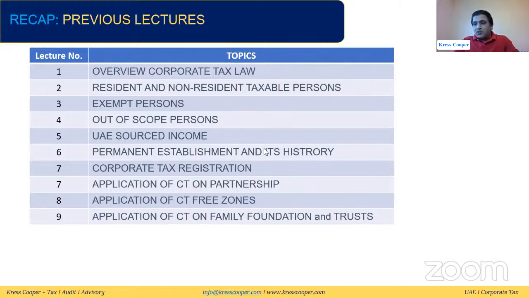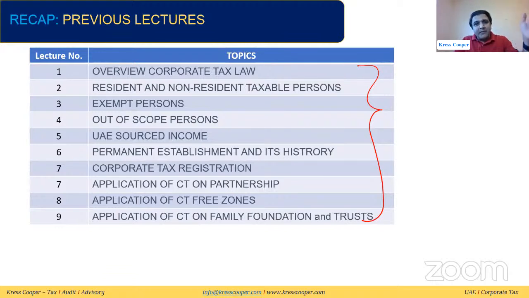If you go through these topics, you will realize that all of them were related to the scope of corporate tax. Basically, on which businesses and on which entities is corporate tax applicable? What are the resident persons, non-resident persons, exempt persons, and out of scope persons?